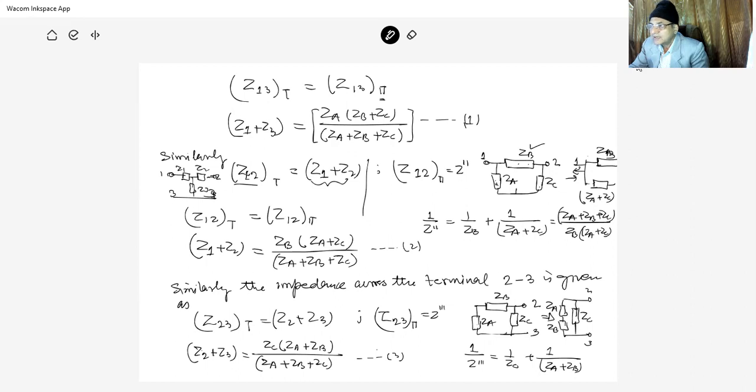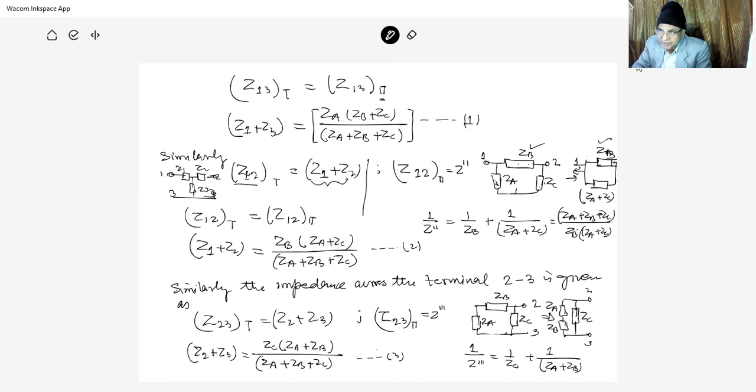So we can see this is ZB, and this is ZA plus ZC. So the equivalent is 1 upon Z double dash, equal to 1 upon ZB in parallel with ZA plus ZC.